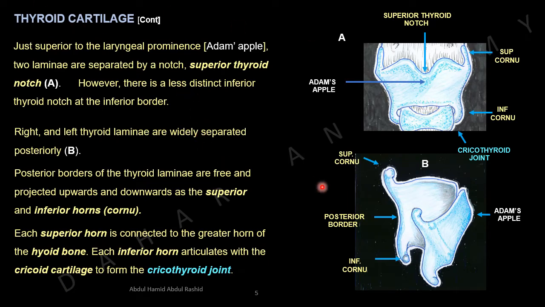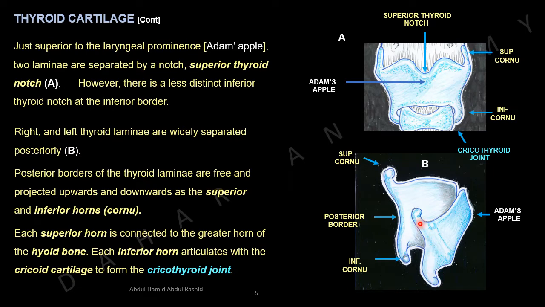If you see diagram B, you can see right and left thyroid laminae are widely separated posteriorly. This is the right lamina, and this is the posterior border of the right lamina, and this is the left lamina, and this is the posterior border of the left lamina. Each posterior border consists of two horns.